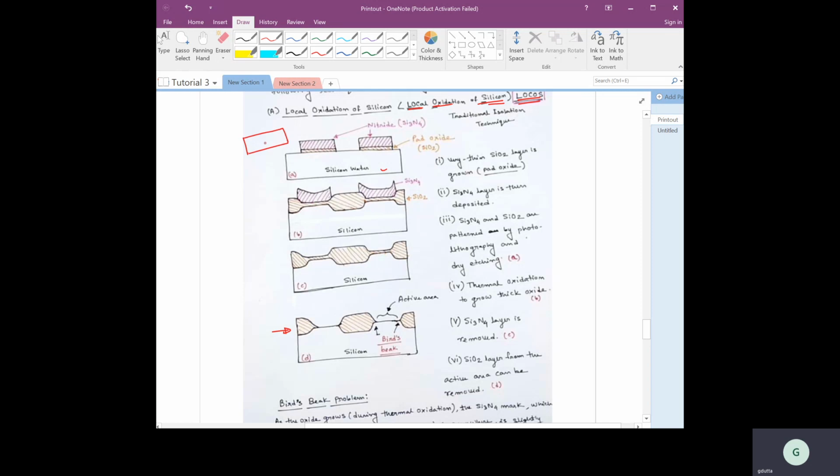Let us draw this. This is the p silicon wafer we start with. After that, we first grow a very thin silicon dioxide layer, again by some dry oxidation. Then on top of that we deposit a silicon nitride layer.